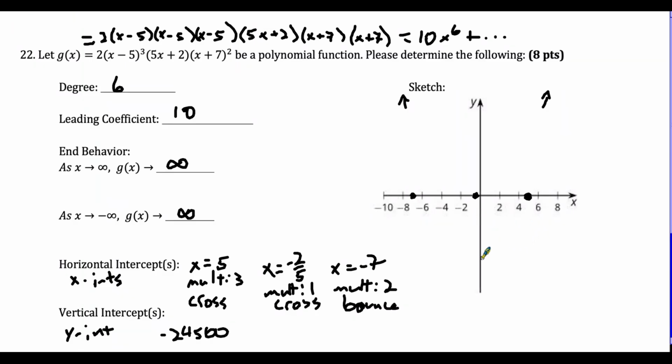I know that my y-intercept is down here at negative 24,500, and that should be enough information to complete my graph.